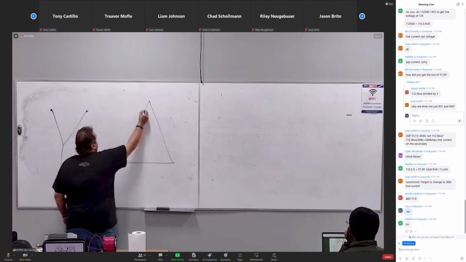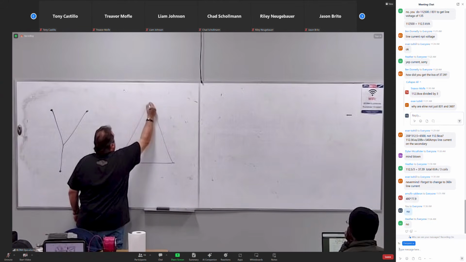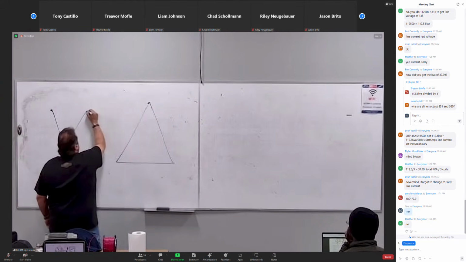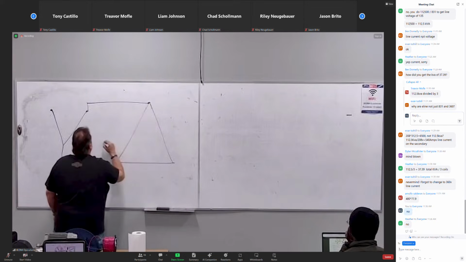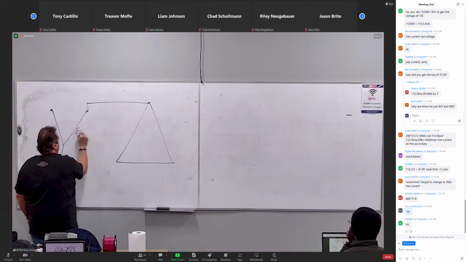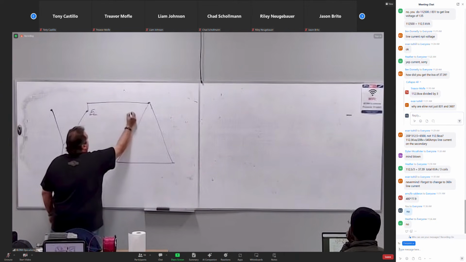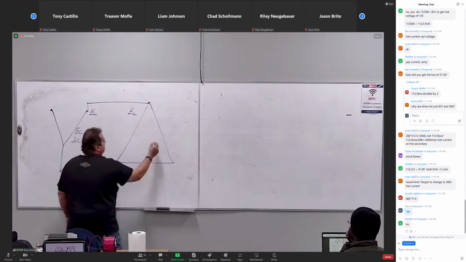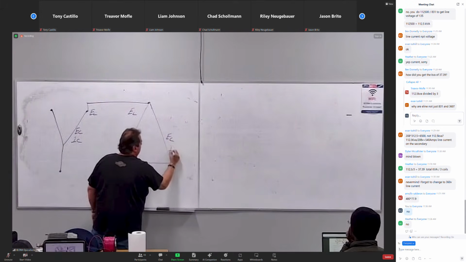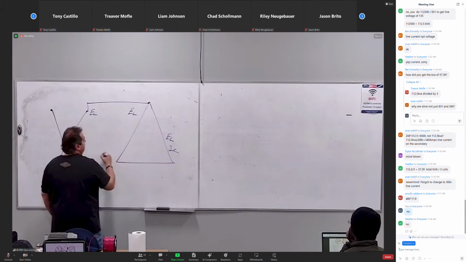I always hate drawing these wires because I always screw it up, but we'll pretend one set of wires. We have E coil, I coil, E line, and E coil, I coil. Everybody with me so far?